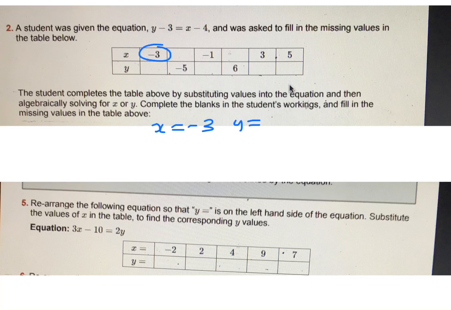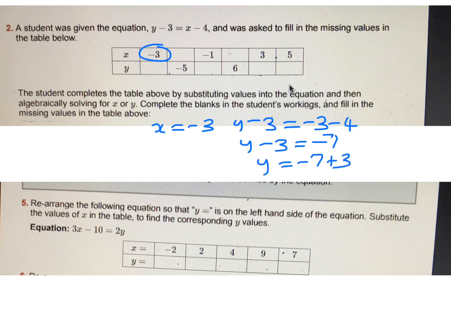Okay, so for this one, the first one, that's when x is minus 3. So you put in x is minus 3. What do we have? Y minus 3 equals minus 3 minus 4. Y minus 3 is minus 7. Y is minus 7 plus 3. Y is minus 4. So that'll be minus 4. Then this one here, we want to find the x when y is minus 5.